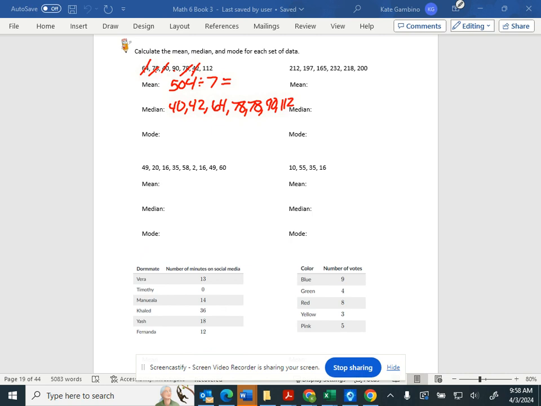I'm not going to put a 0 because we just talked about how 0 counts. There's no 0 in the data set. So you would write no mode. You don't leave it blank, because leaving it blank means you're not answering it. We don't ever leave it blank. We don't ever put a 0 if 0 is not in our data set. We would write no mode.